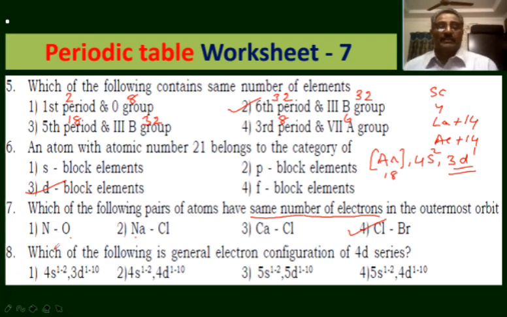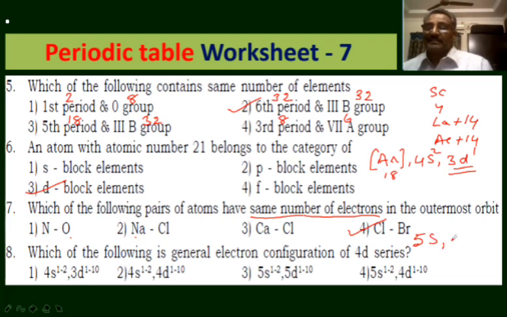8th question. Which of the following is general electronic configuration of 4d series? The 4d series of elements lie in the 5th period. So the 5th period starts with 5s orbital.